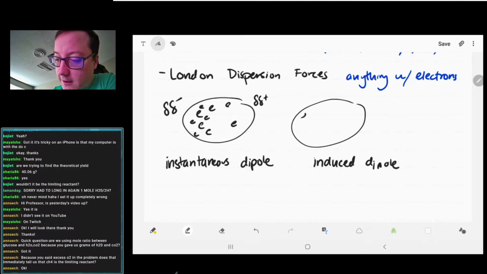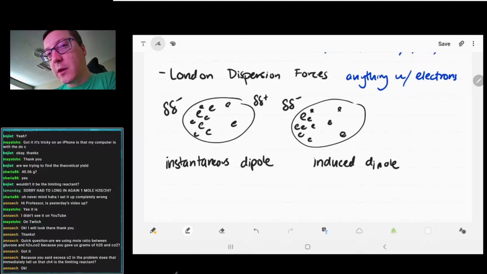Let's move over to that side of the molecule. Because if the other side of the adjacent molecule is slightly positive, the electrons might be more attracted to it. They're just more likely to hang around this side of the molecule for a second. And that can cause a favorable interaction between these two.